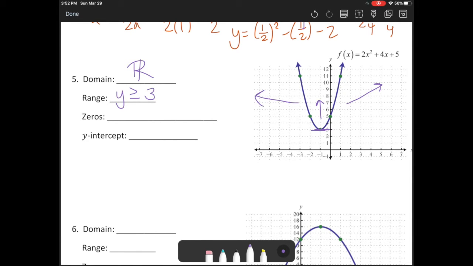Now, zeros, here's the x-axis. This graph does not cross the x-axis, so there are no zeros. The y-intercept, though, is right here at 5. For the intercepts, you really should list it as a point, like that, 0, 5.